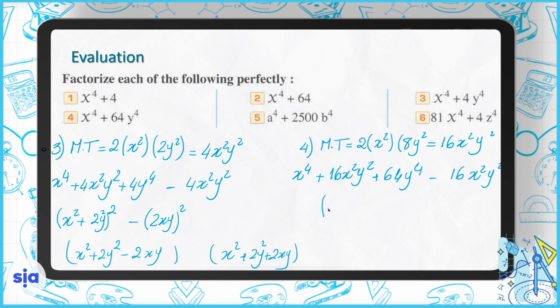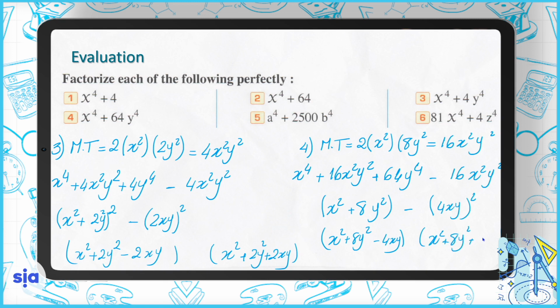So this is a perfect square of (x squared plus 8y squared) minus (4xy) all squared. So the two brackets here that are multiplied together will be (x squared plus 8y squared minus 4xy) and (x squared plus 8y squared plus 4xy).